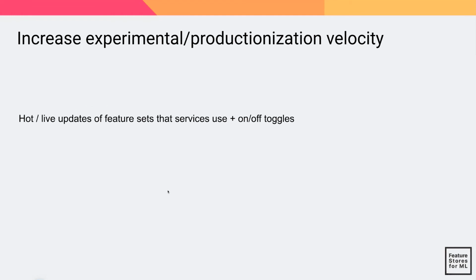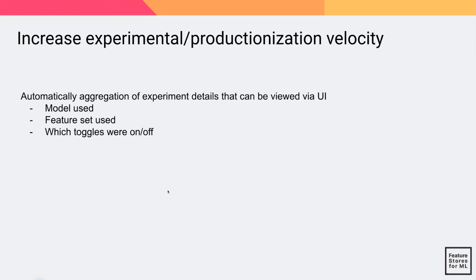And for various online experiments, they can have on-off toggles where maybe 3% of the traffic goes to this feature set, 5% goes to that feature set, etc. This sort of hot swapping is similar to how a lot of infrastructure allows the pushing of configuration files to live services.